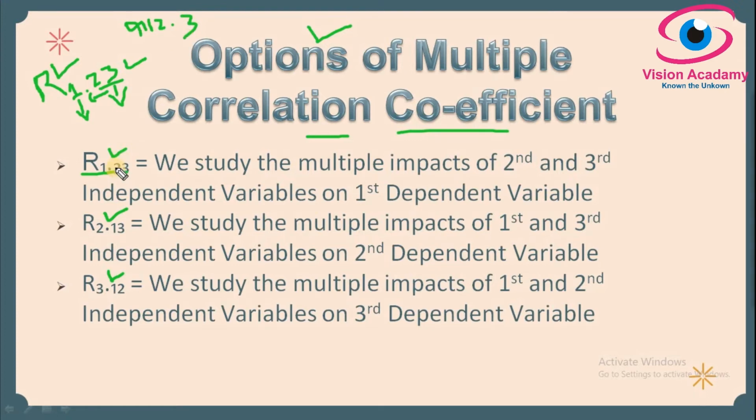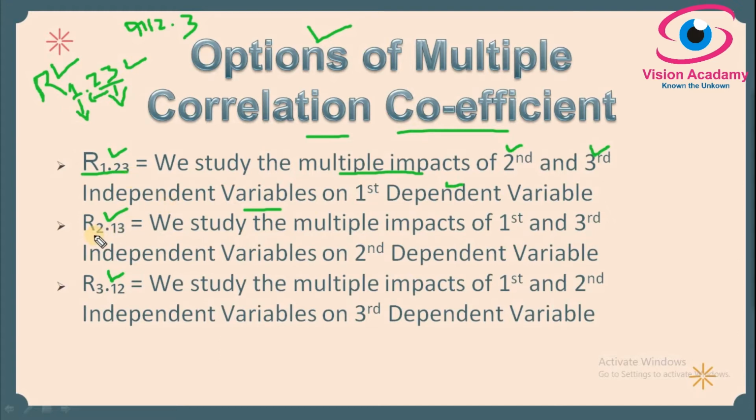Let us understand what R1.23 is. In R1.23, we study the multiple impacts of the second and third independent variables on the first dependent variable. The capital R means we can specifically say this is a case of multiple correlation, because in R1.23 one dependent variable is affected by two independent variables.